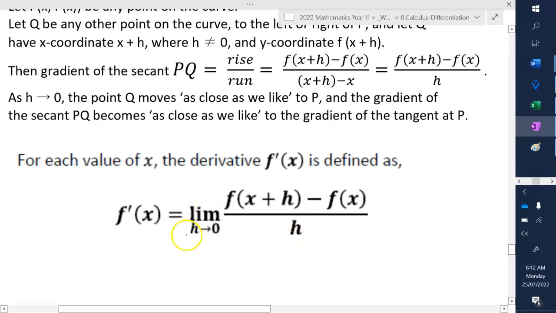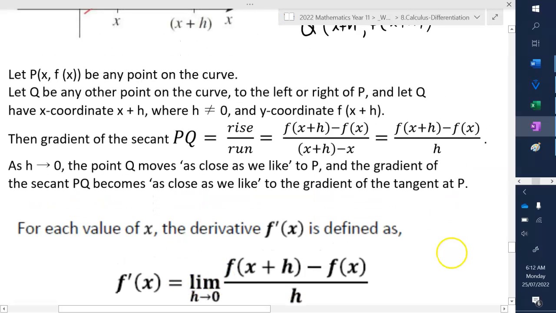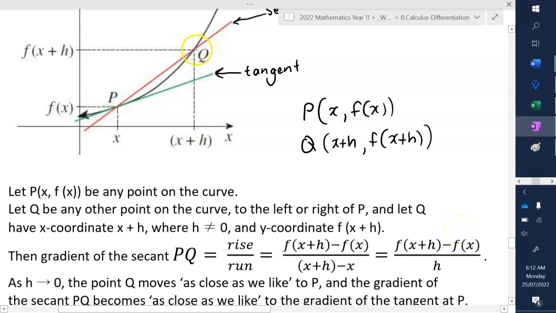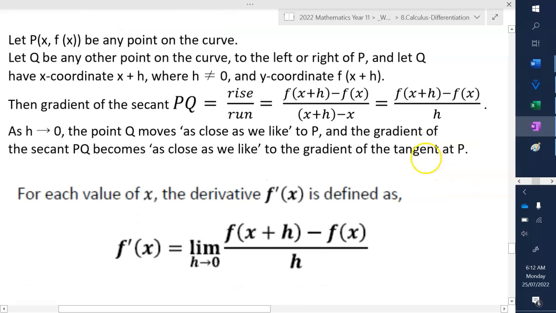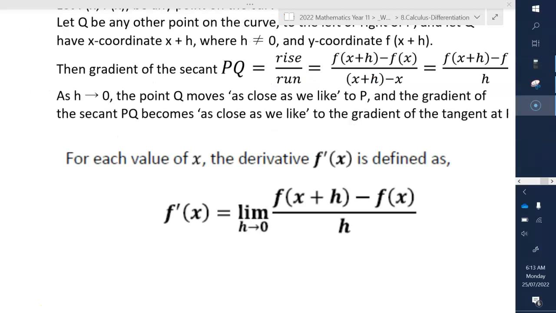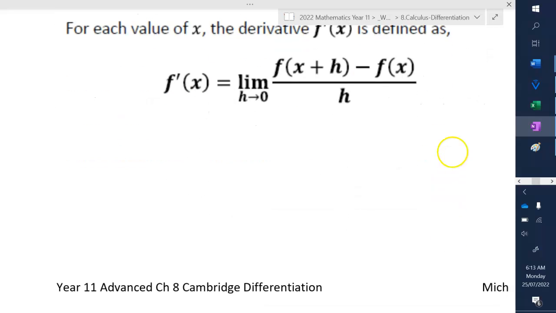So this is the first time we've used this function, the limit. And that's all it's telling us, h is getting smaller. It's as close as we want to P. I'm going to find what that's going to be, but it's not actually going to get to 0. We'll need to remember that one, as that one is not given to us on our HSC formula sheet.